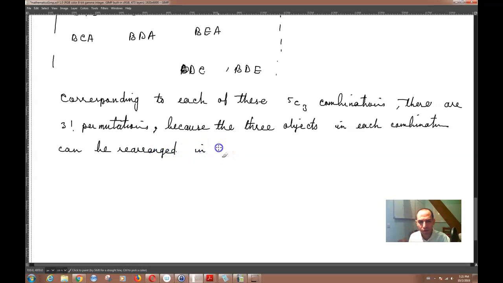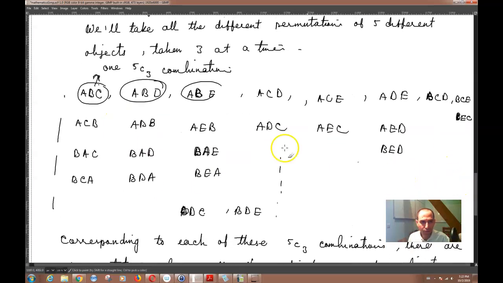And of course that's easy to understand, because if you have 3 different distinct objects, for example, over here, if you have A, B, and C, the number of possible permutations of A, B, and C is 3 factorial, because you have 3 different objects and you're taking all at a time, so that's 3 permutation 3. 3 permutation 3 is simply equal to 3 factorial.